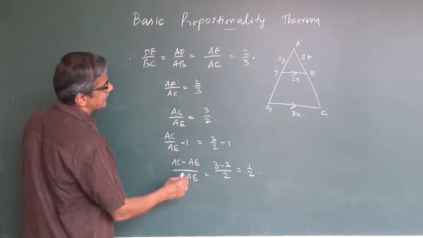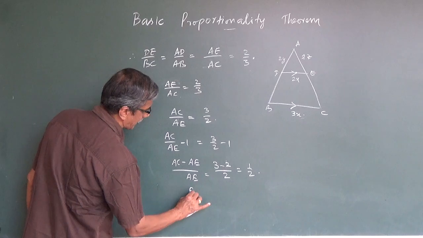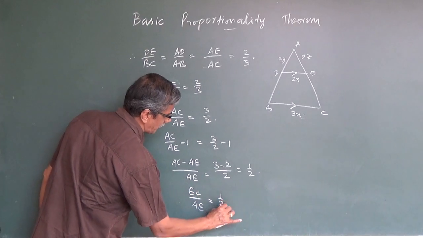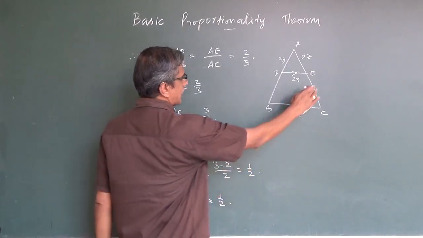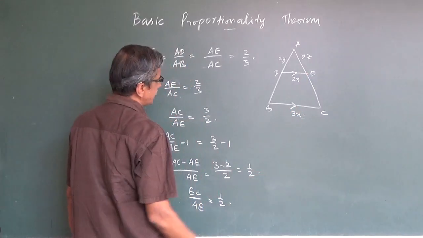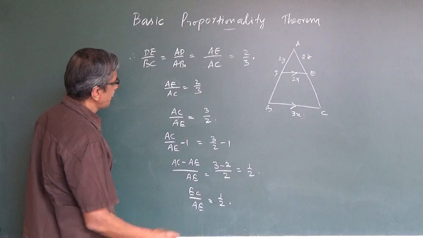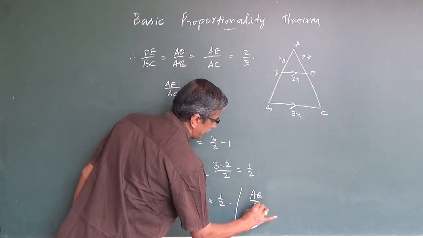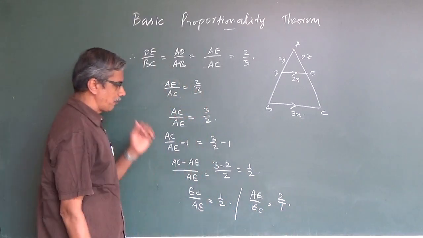And AC minus AE is EC. EC by AE is equal to 1 by 2. So this is 1 and this is 2. We are asked to find out AE by EC, so taking the reciprocal, it is 2 by 1.